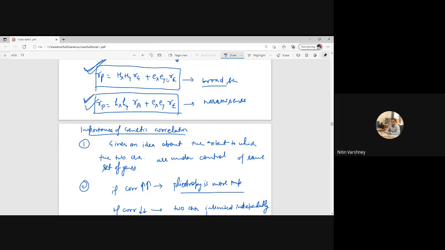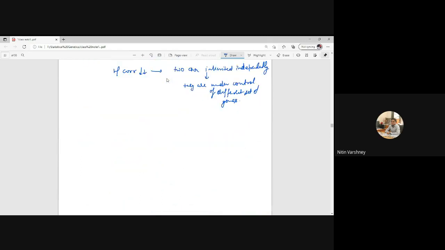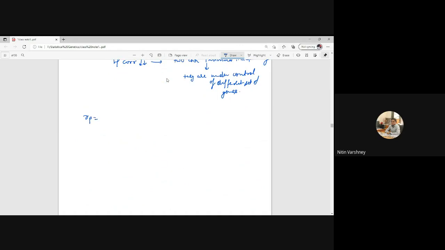The options may be like this: option one, RP is equal to small hx hy Rg plus Ex Ey Re. Second, HX HY RA plus EX EY RE.